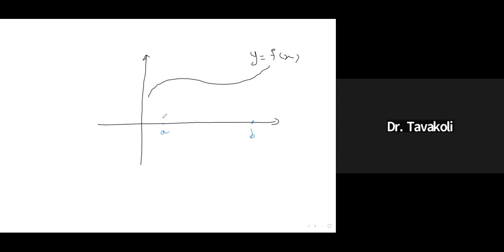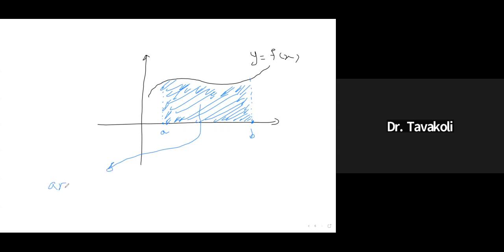From a to b for this function, whose graph is above the x-axis, the integral gives me the area under the graph of the function. So this shaded region, the area of this shaded region, in fact, is the definite integral from a to b of f of x dx.